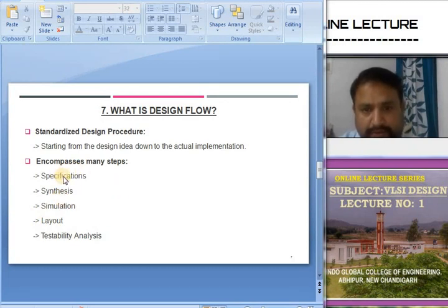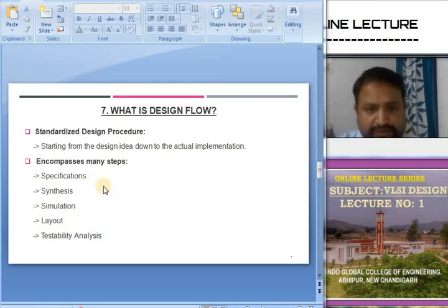There are a large number of intermediate steps such as specifications, synthesis, which means we try to translate our logical equations or logical algorithm in the form of programming, and likewise we can design the circuit. And similarly we have simulation.